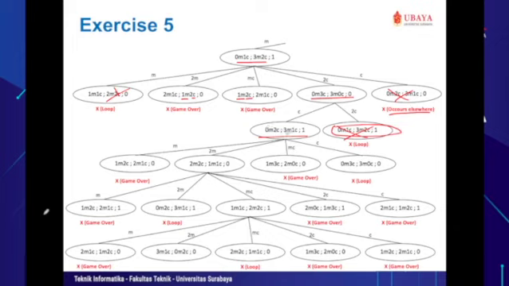Please be reminded that we cannot move one missionary, one missionary and one cannibal, or cannibals from our east bank to the west bank because it will lead to a game over and a possible loop. So in this case, we can only choose to move two missionaries over.